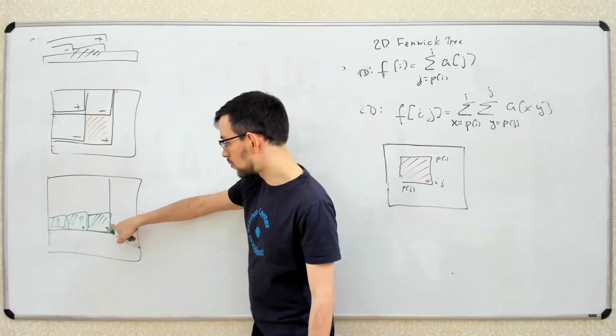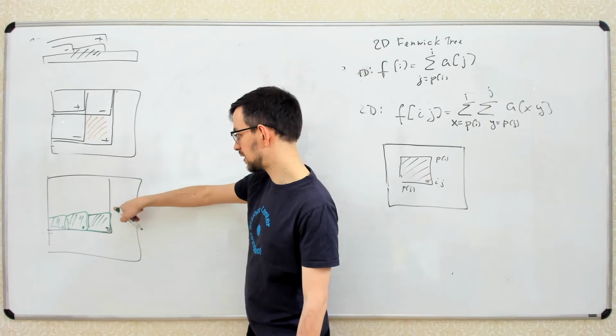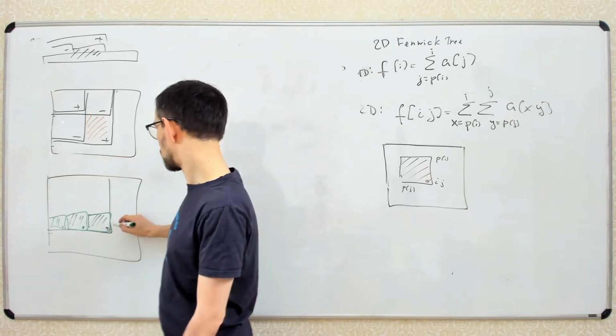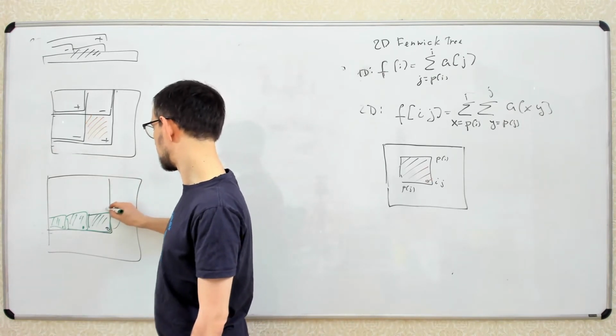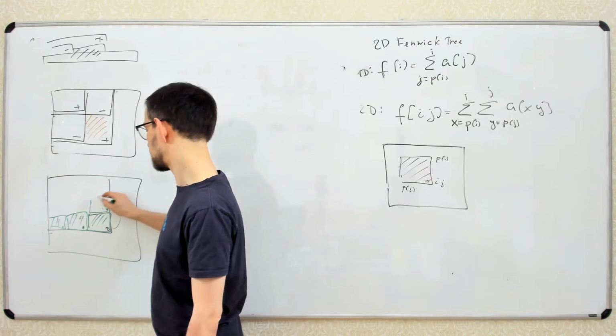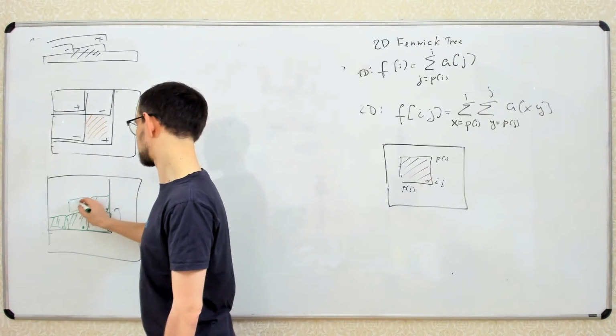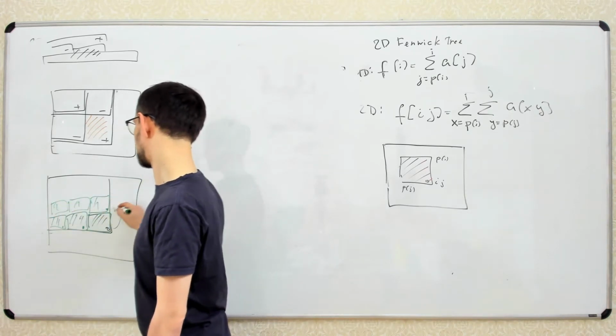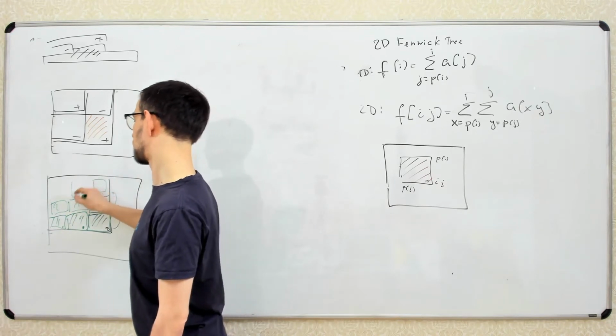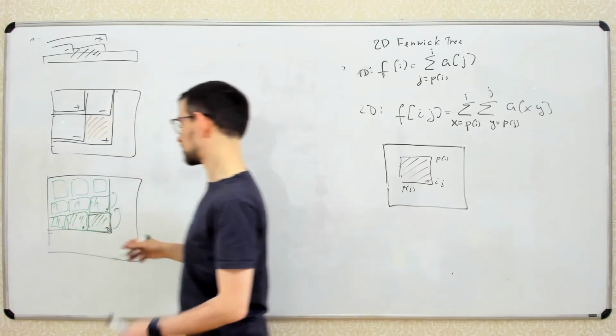Now you move from this i coordinate to this. Here you have the sum of this rectangle, plus this rectangle, plus this rectangle. Then you move here, take this rectangle, plus this rectangle, plus this rectangle, and so on.